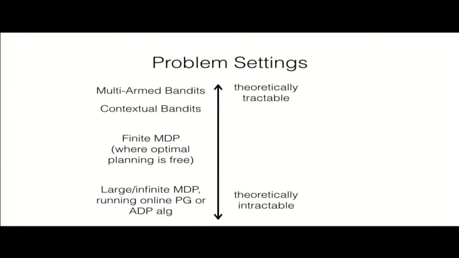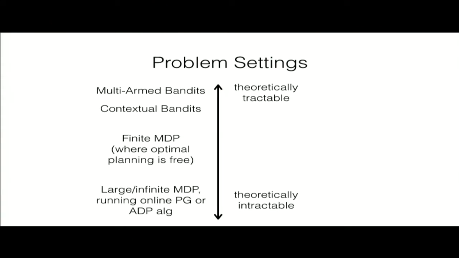Okay, so there are several different settings I'm going to cover in this class. Basically, there are several different settings you can use to study sequential decision problems. And they range from problem settings that are theoretically tractable but kind of simplified, to problem settings that are hard and general, but hard to say anything formal about.